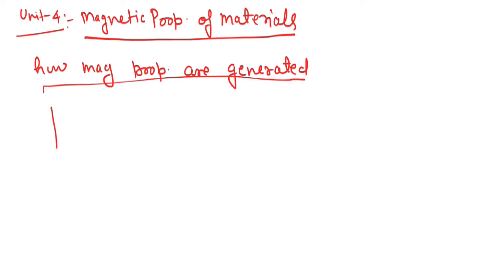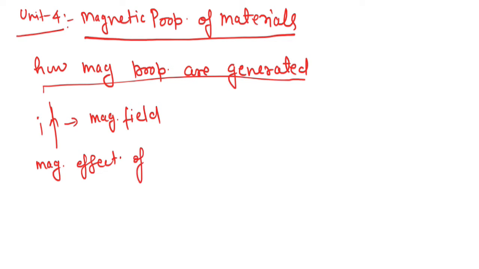Now as you know that if current flows in any wire, this current generates a magnetic field surrounding this wire. So this is called magnetic effect of current.